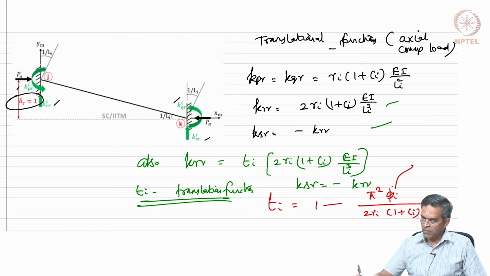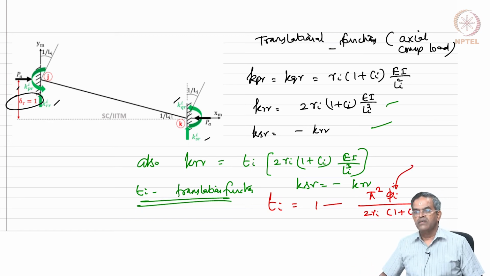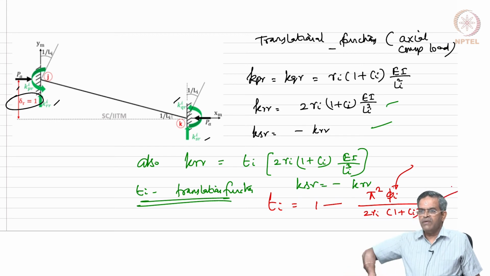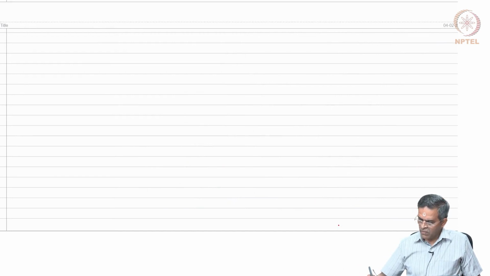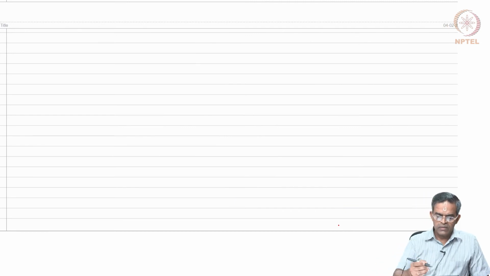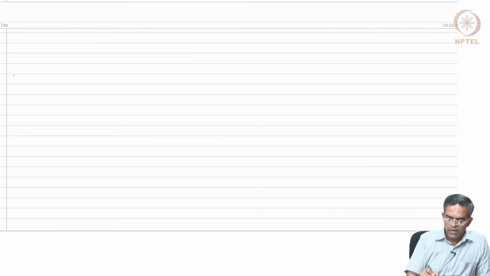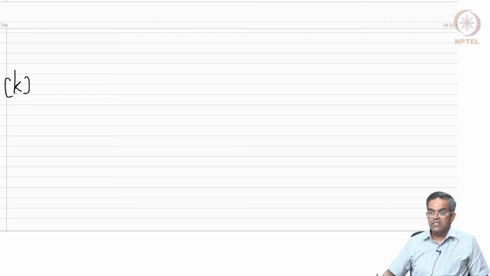Remember, phi is a multiplier or the ratio between the axial load and the Euler's buckling load, okay. That is the ratio. I think we already know this equation, how phi is connecting PA and PE. So, we derived this. After deriving this, we summarize these constants, and we wrote it in a matrix form which is quite convenient and which resembles the same. I am writing the matrix form here, the stiffness matrix for stability function, okay.